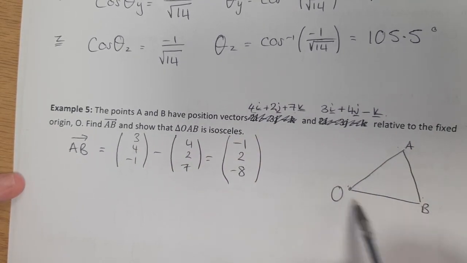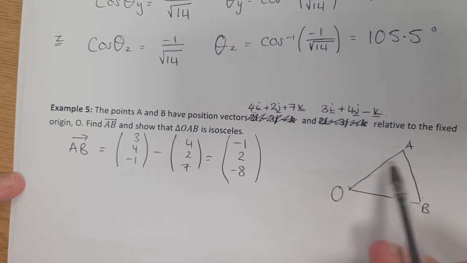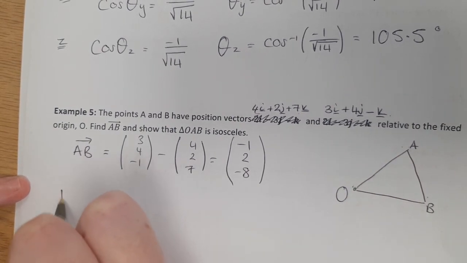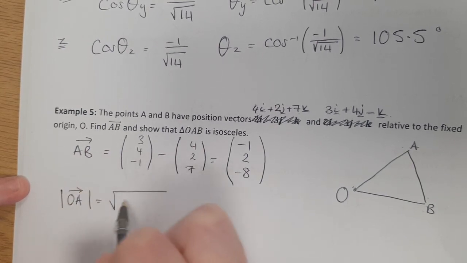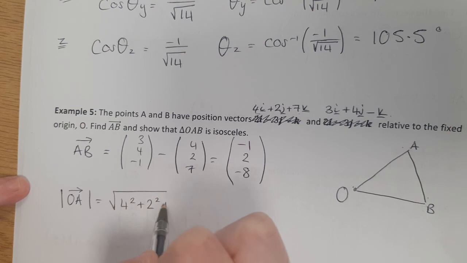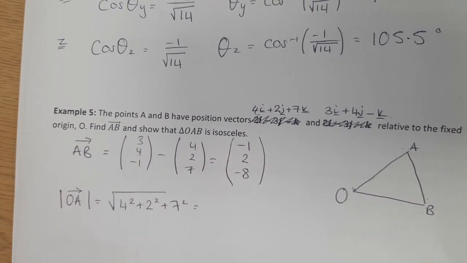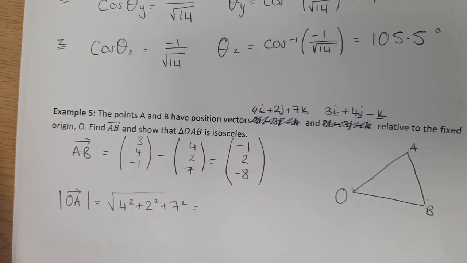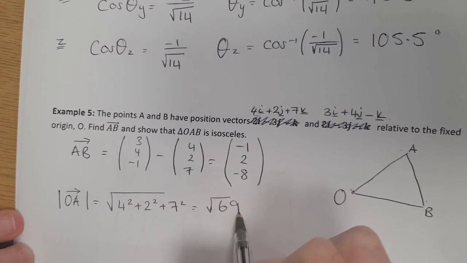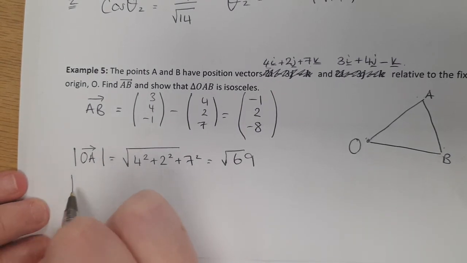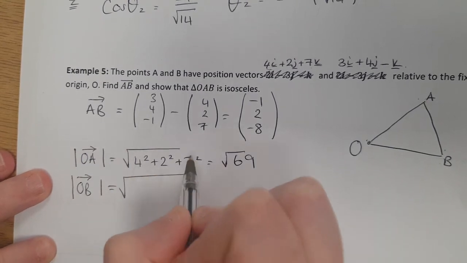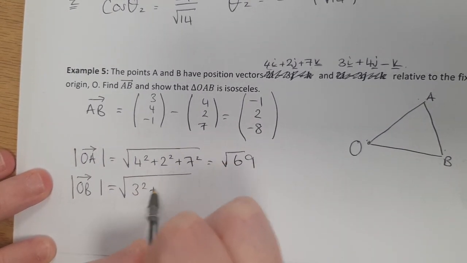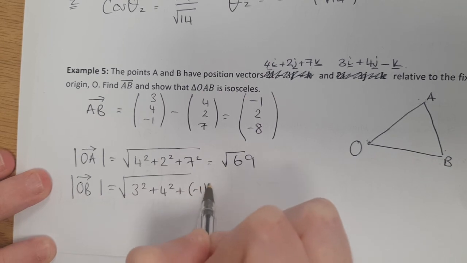And then all we want to do is to show this is isosceles, 2 of these lines have to be the same length. So if we do the modulus of O to A, you've got the square root of 4 squared, 2 squared, and 7 squared. You get 69 for that one. And then if we do the modulus of OB, that gives us 3 squared, 4 squared, and minus 1 squared.